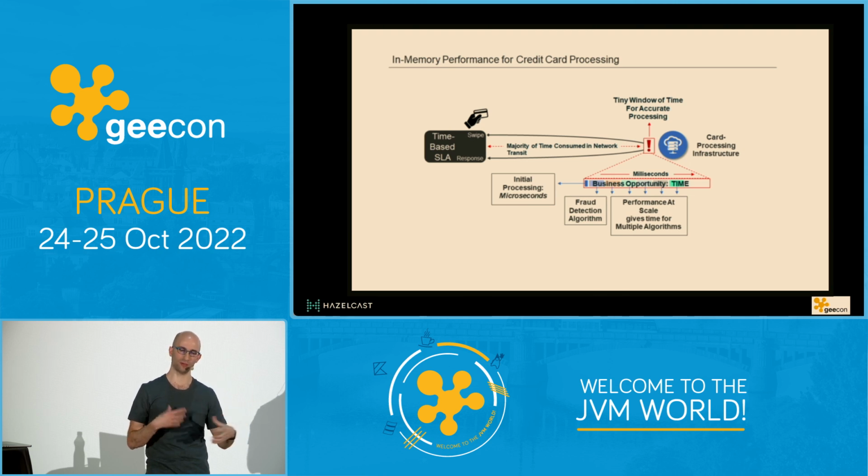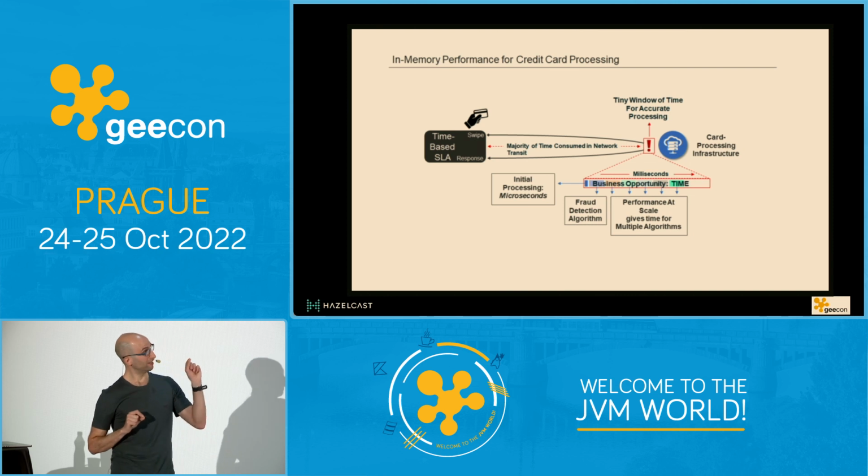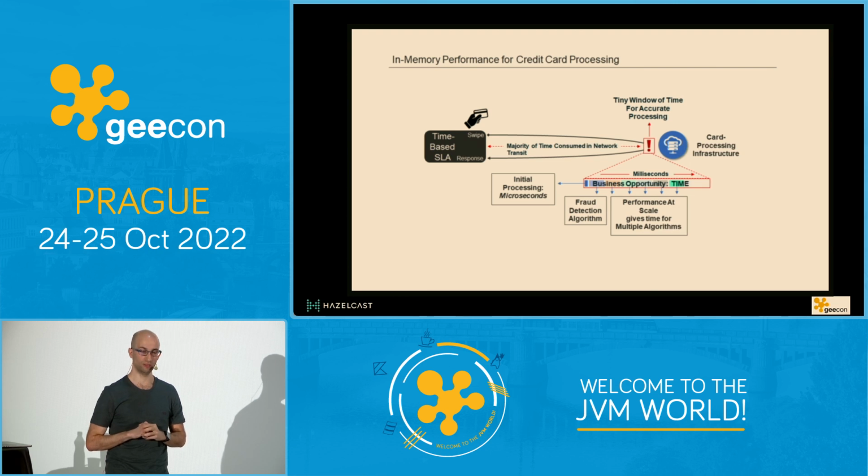Because it requires some kind of hardware, network hops, and so on. And no matter what, you still have some kind of latency on this. So you have a very small or even very tiny window where you can apply your fraud detection solution. And essentially, we're talking about sub-milliseconds.